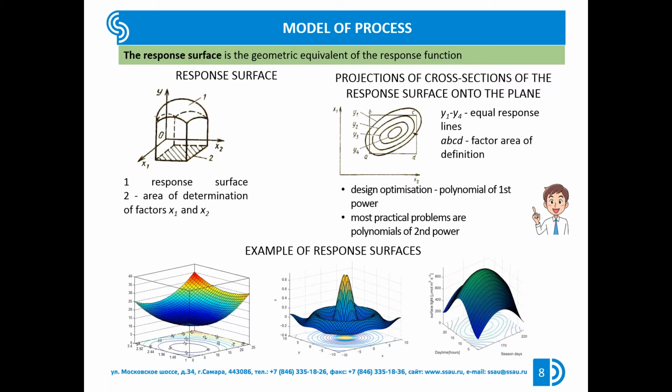If a design optimization problem is being solved, the main requirement for the model is that it can be used to predict the direction of the fastest improvement of the parameter in question. This direction is called the gradient direction. This requirement is easiest to fulfill by using the first power polynomial. A linear model will be adequate if the sub-area in the factor space is chosen correctly.